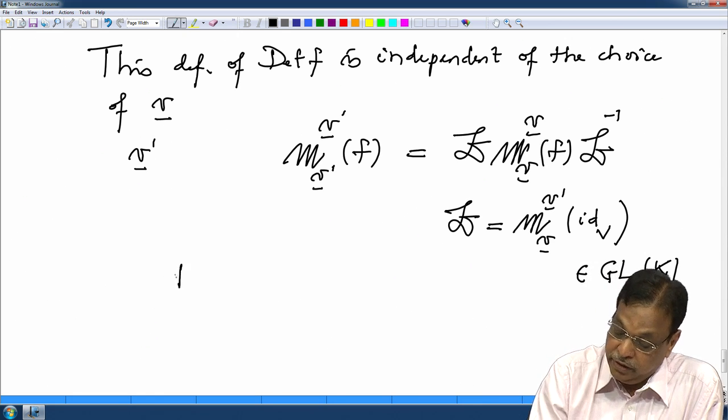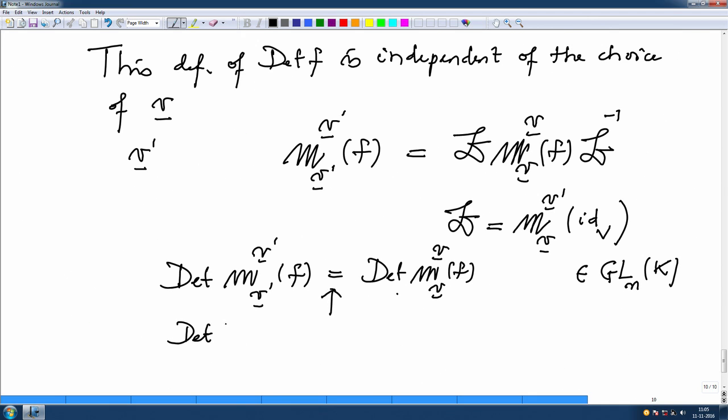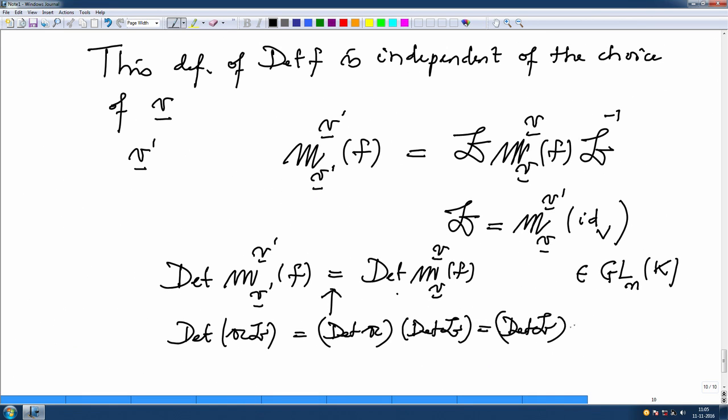So, that will prove that determinant M_V'^V'(f) is equal to determinant M_V^V(f). For this equality we have used determinant of AB equal to determinant of A times determinant of B, and this is also then equal to determinant of B times determinant of A, because it is a field.